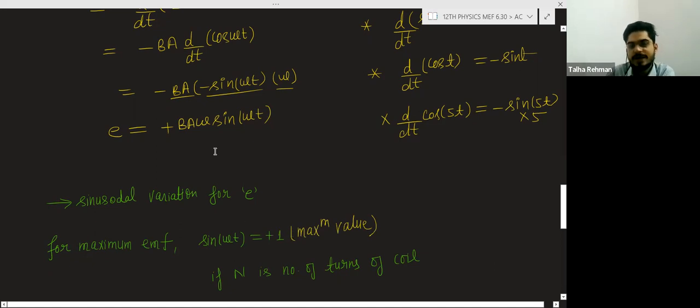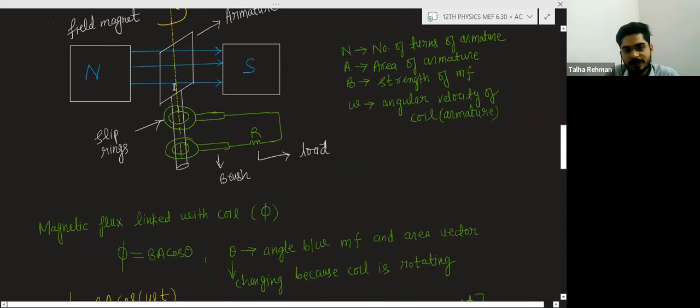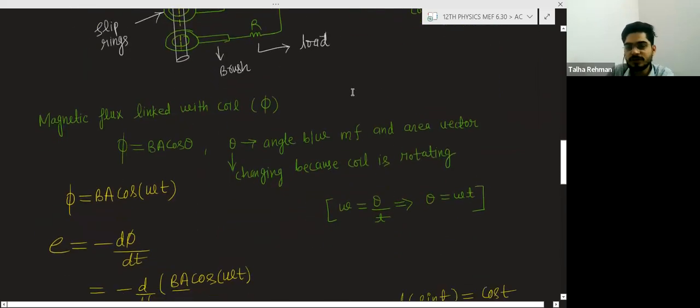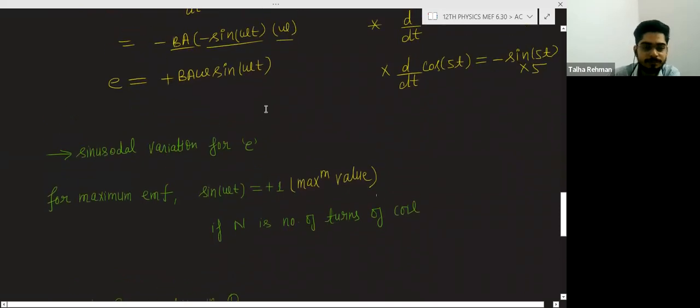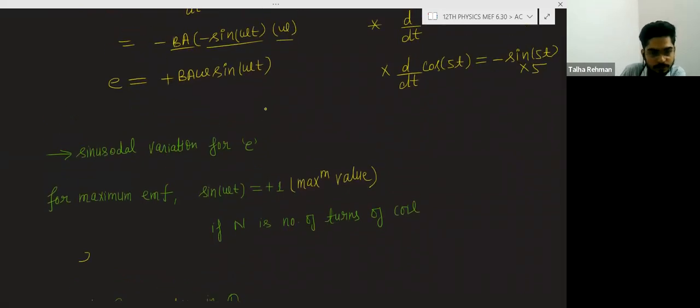If this is the coil and this coil has n number of turns, then the total EMF will be this EMF multiplied by n. So this will become nBA omega sin omega t.